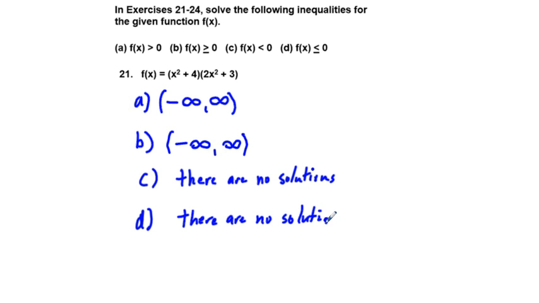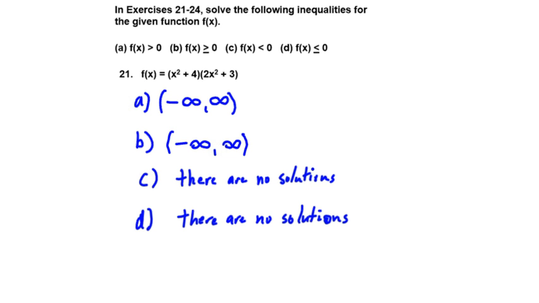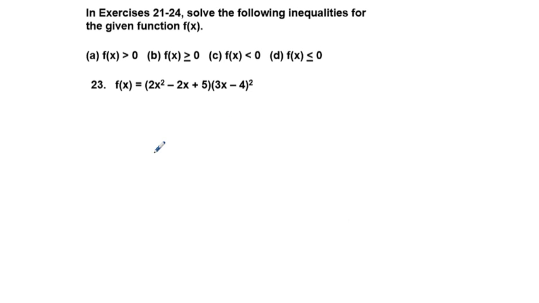And we can see how those conclusions are confirmed by our graph of our fourth degree, or quartic, function. Next, let's go on to the next problem, which is 23. We have the same four scenarios, but for the function f of x equals quantity 2x squared minus 2x plus 5 times quantity 3x minus 4 squared.